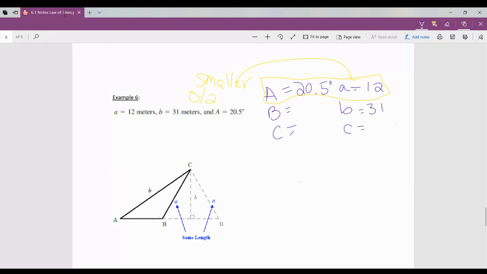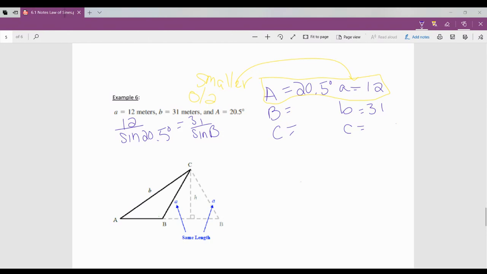So I go ahead and I set that up. I do 12 over sine of A, which is 20.5, and equals 31 over sine of B. All right, so then I want to solve, so I'm going to cross multiply.